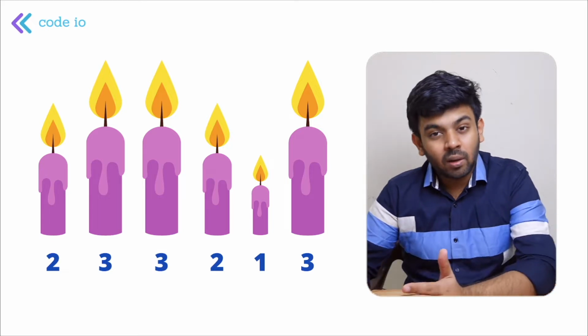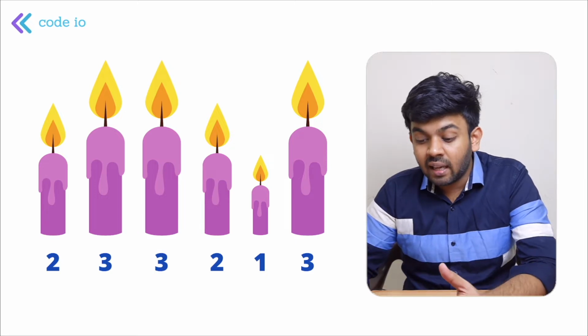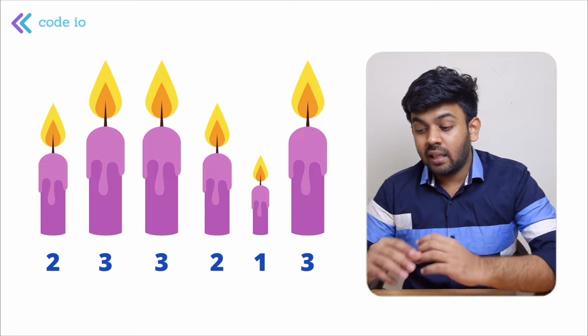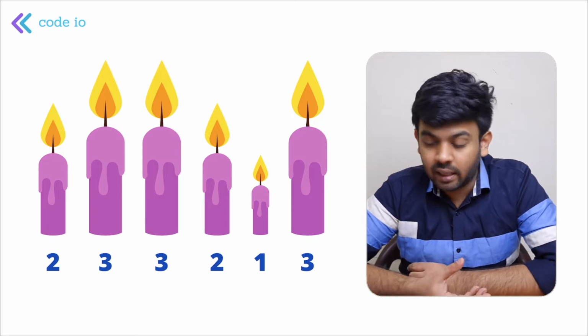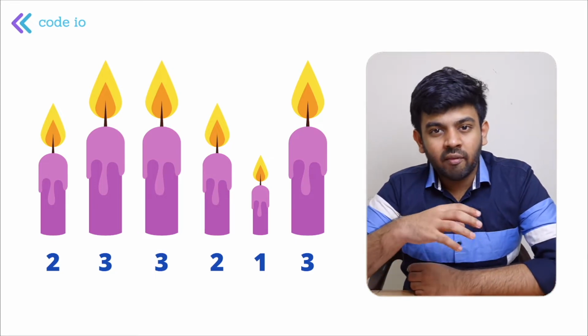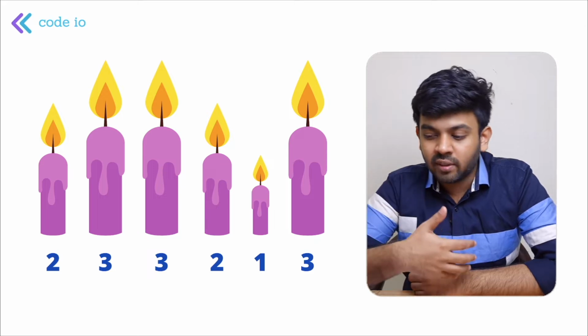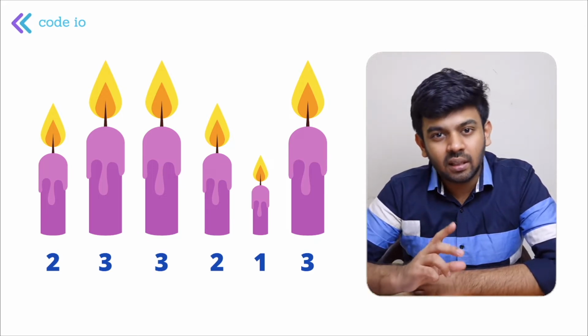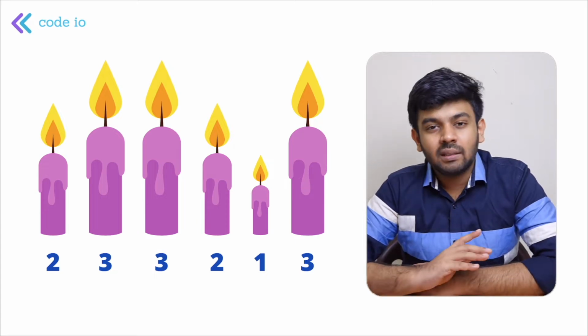In this particular example, where the array values are 2, 3, 3, 2 and 3, the tallest candle is of size 3. So when the birthday boy or girl blows off the candles, only the candles of size 3 will be blown off and the rest will not be.